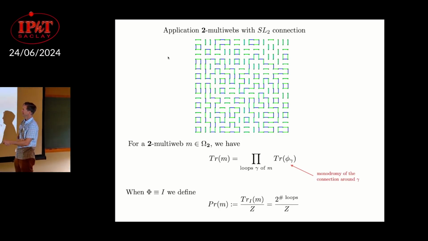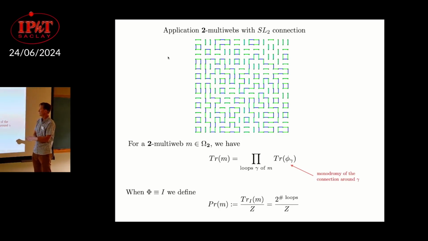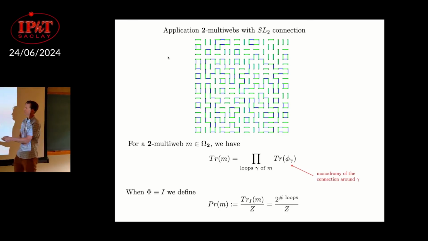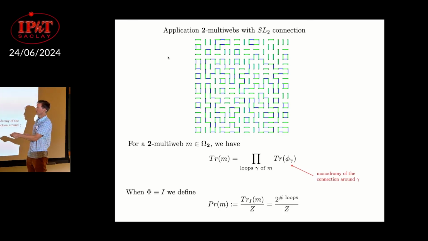And this is the case where if you take an SL2 connection, so all the matrices are in SL2, then the trace of this multi-web, which is now this collection of loops, is the product of the matrix traces of the monodromies of the connection around the loops. So to compute the trace of the multi-web, you take the product over all the loops, and each loop you can just compose the 2x2 matrices around the loop.